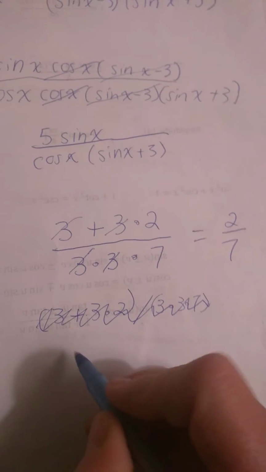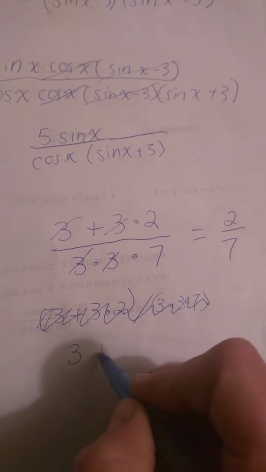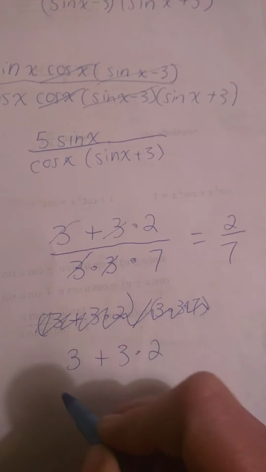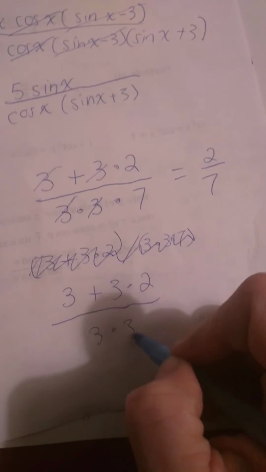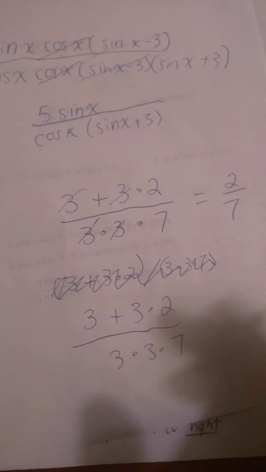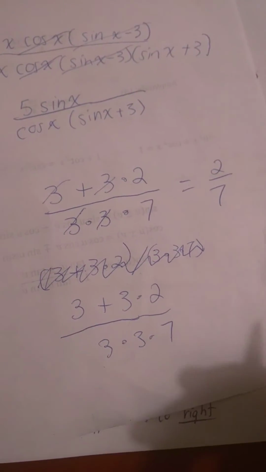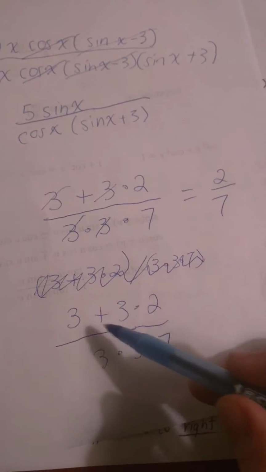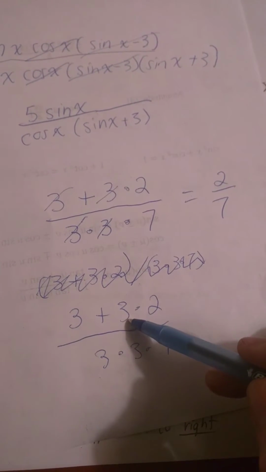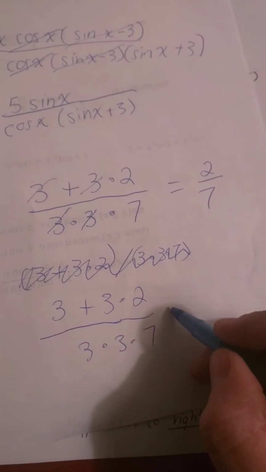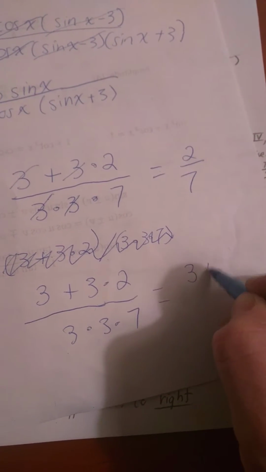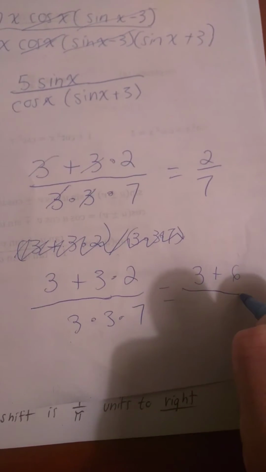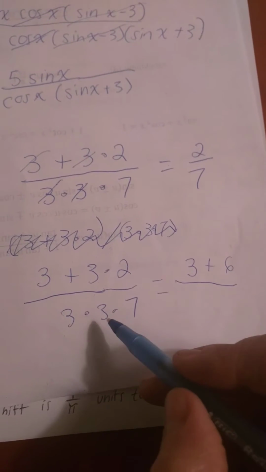I'm going to take this expression again. What do we have? 3 plus 3 times 2 over 3 times 3 times 7. Now, if I honor the rule regarding grouping symbols, I would need to first take care of my multiplication, of course. We're playing order of operations here. So I have 3 plus 6 over, well, what is 3 times 3?